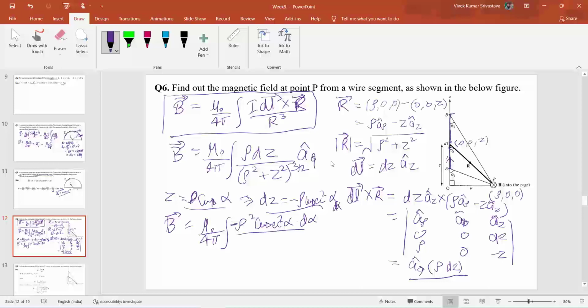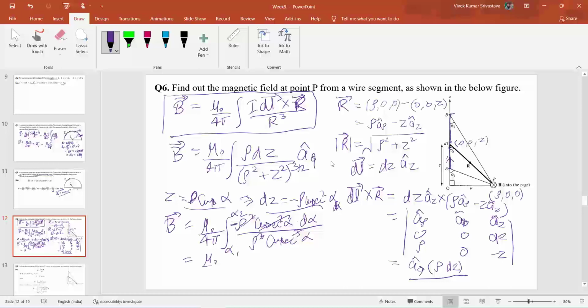And on the bottom side this will be equal to rho cube cosec cube alpha. So this cosec square will cancel, and this rho square will cancel, and the limit of this integral is from alpha 1 to alpha 2. Okay, so this we can calculate.